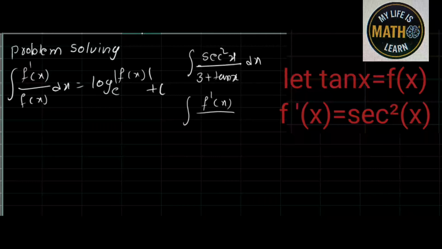Next, problem solving. Integral of f dash of x by f of x dx is equal to logarithm of mod f of x base e plus c. So let's do the problem solving. Integral of secant square x by 3 plus tan x. Let tan x is equal to f of x, so f dash of x is equal to secant square x.